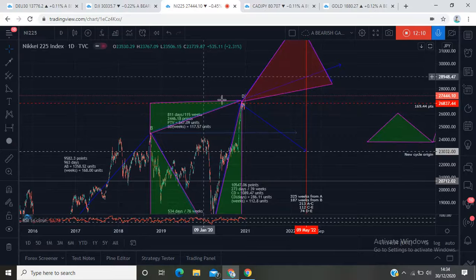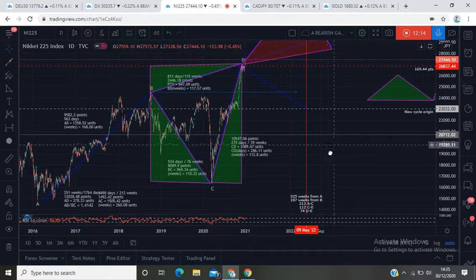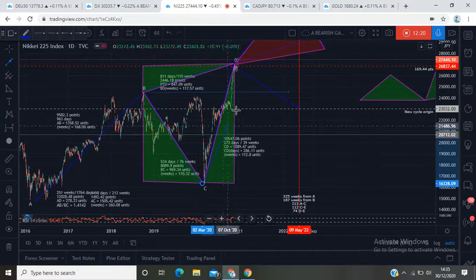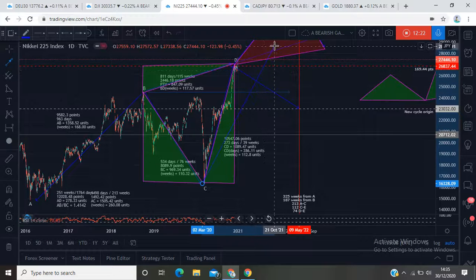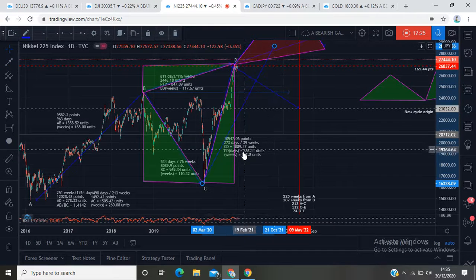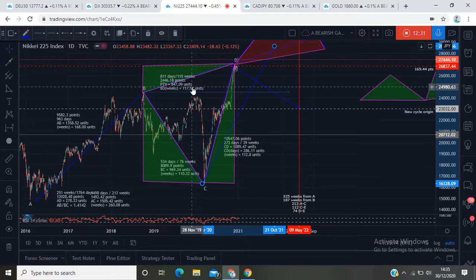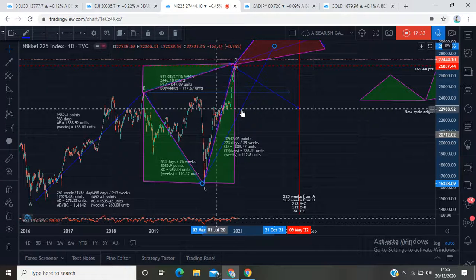Then in that way we will have a straight wave from point C going directly to point E at the top, which will be twice this range between 110 and 117.